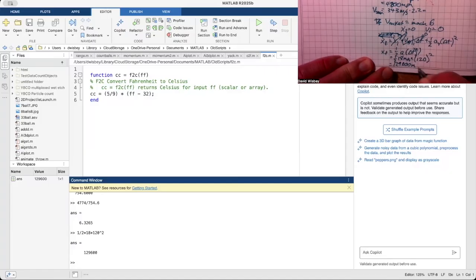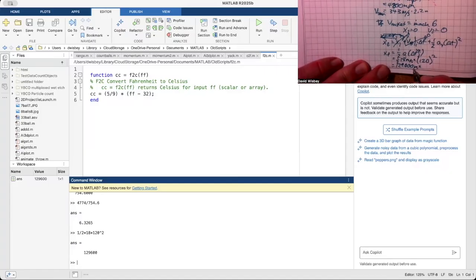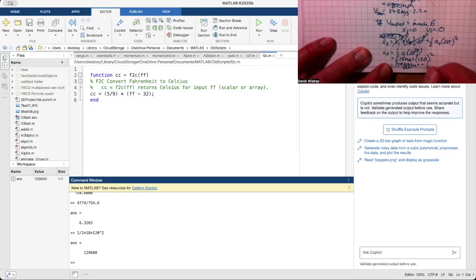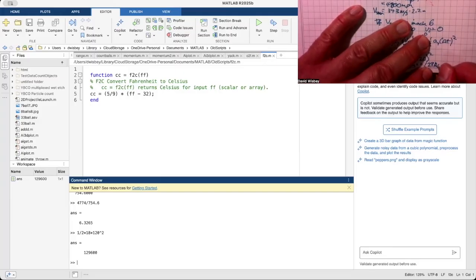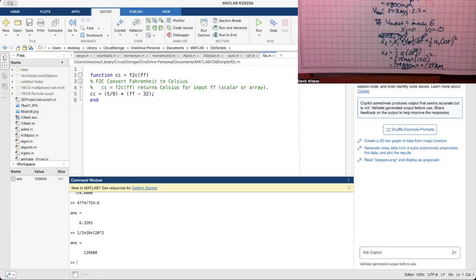Or let's convert it into kilometers. To get into kilometers, that's 1,000 meters, so I'm going to move the decimal place 3 places over. So that's going to be 129 kilometers. Wow, 129 kilometers. That is pretty high.